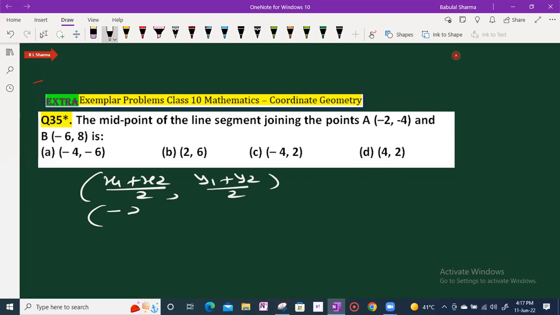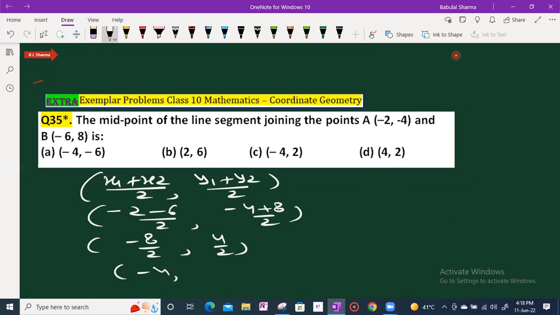Here the x coordinate is (-2 minus 6) by 2 and the y coordinate will be (-4 plus 8) by 2, that is -8 by 2 and 4 by 2, that is -4 and 2.